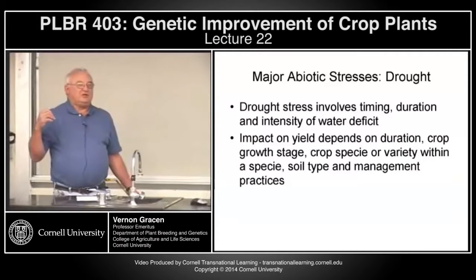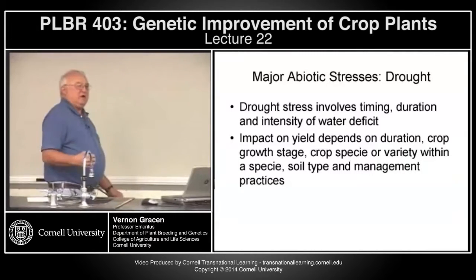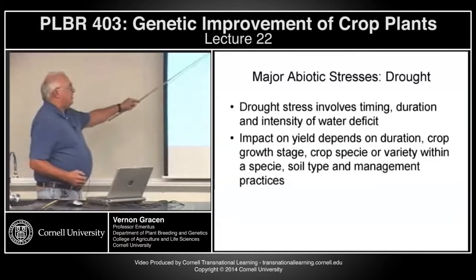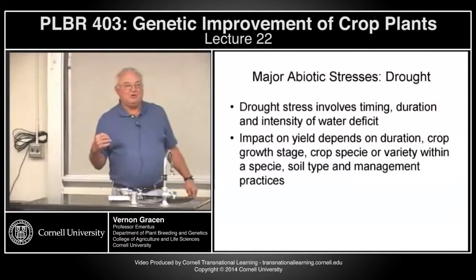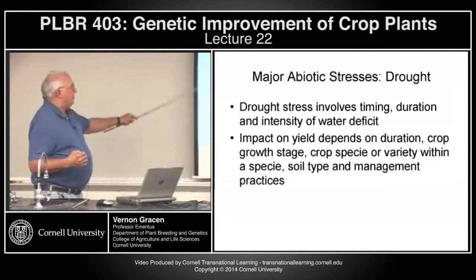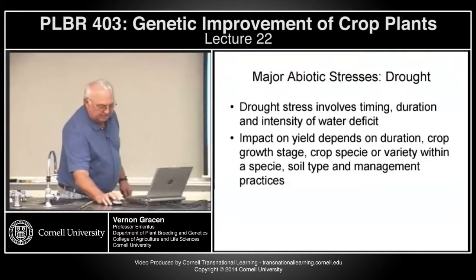So we'll talk about this in a few minutes. When you start breeding for abiotic stress tolerances, you have a lot of factors that you have to evaluate. You can't exert control over very many of those.